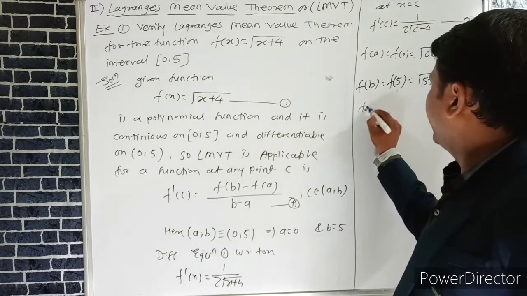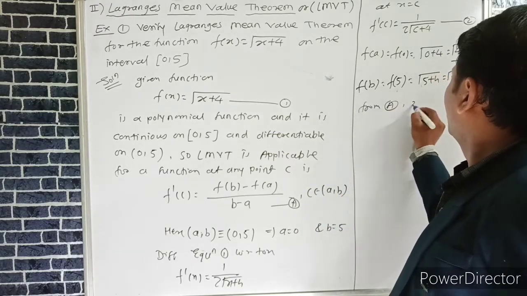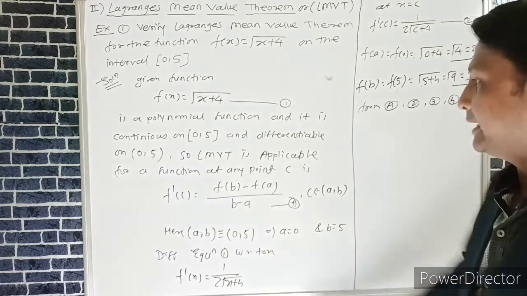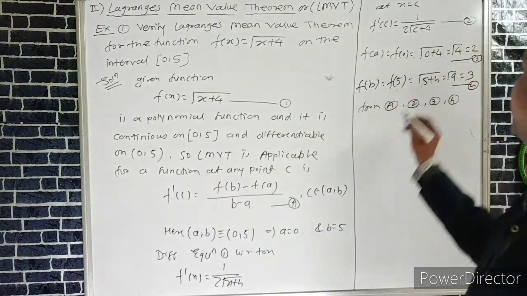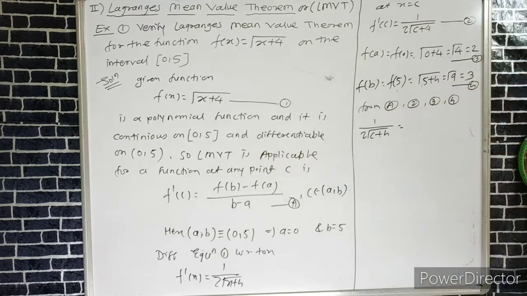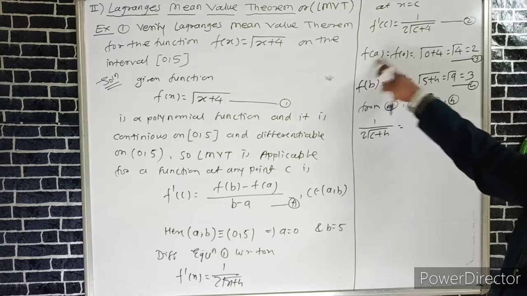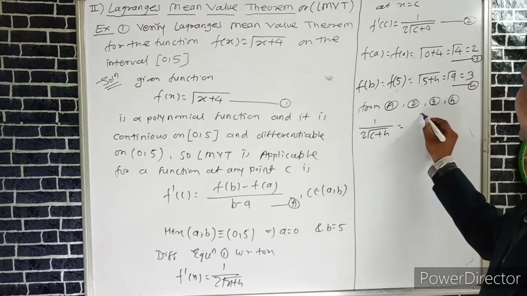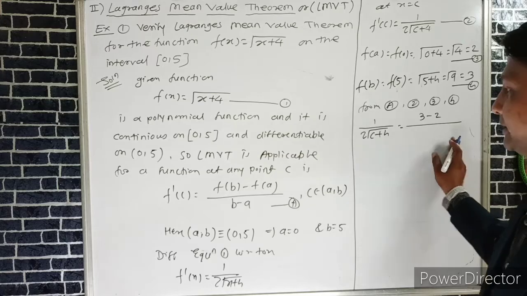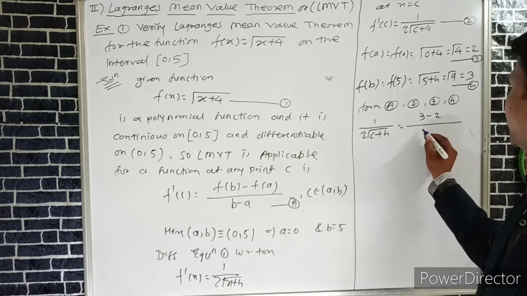So from equations 2, 3 and 4, we can write the value of f dash of c, which is 1 upon 2 under root of c plus 4. The value of f of b is 3 minus f of a is 2, upon b minus a, which means 5 minus 0.